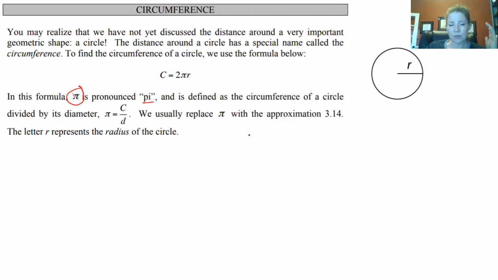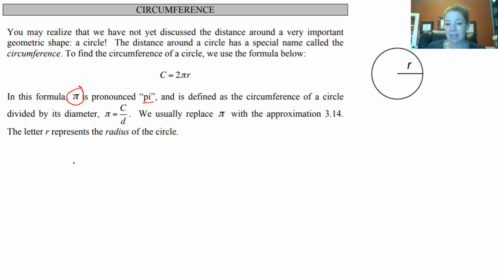If you take any circle in the world, no matter how small or big, and you find the circumference of it, and you divide the circumference of any circle by its diameter, by the distance across the circle, you will always get 3.14, etc. Pi. That's what that symbol symbolizes. You're going to get that magic number 3.14, which is what we approximate it to be.